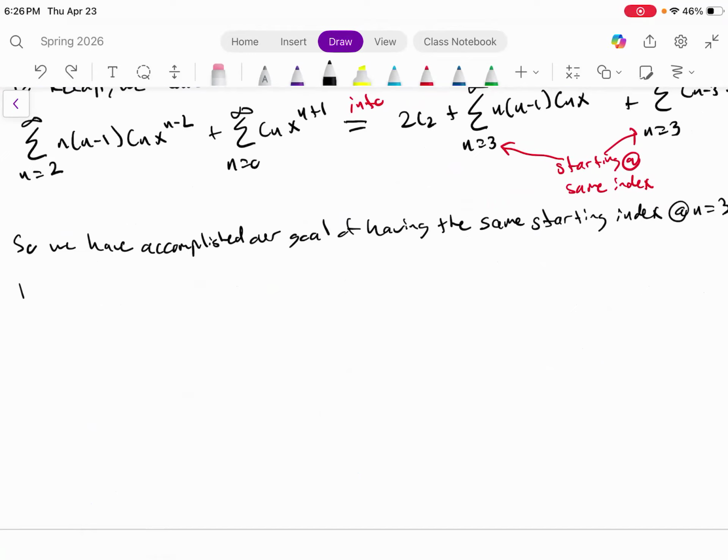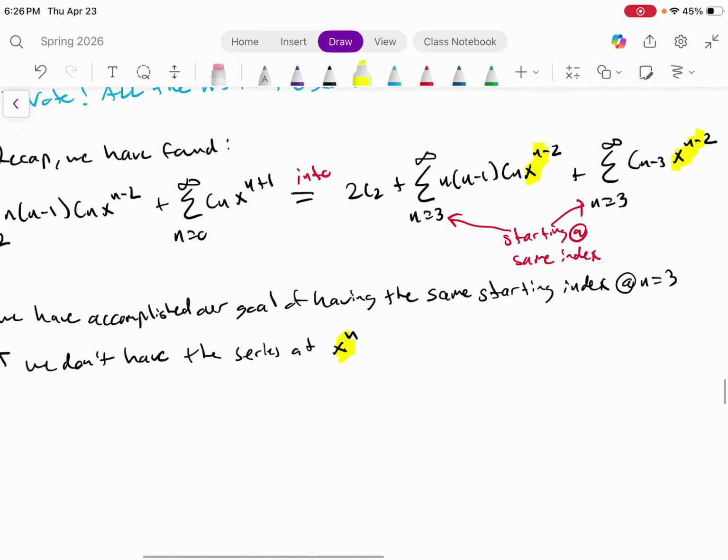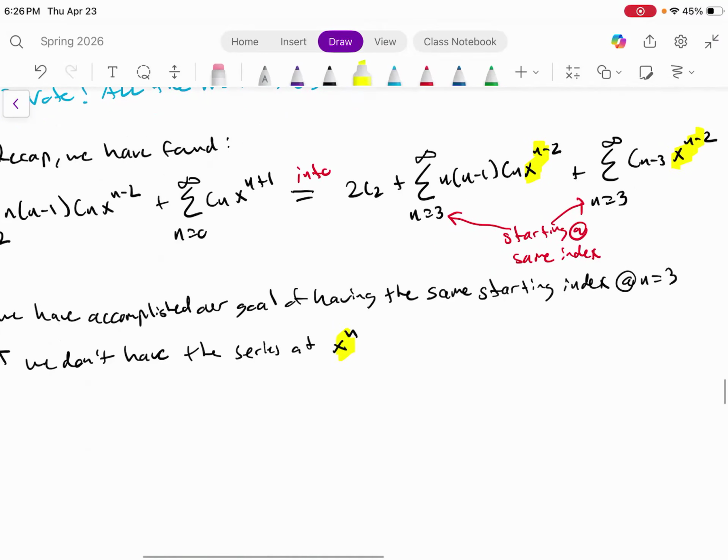Okay, so here's what I'll say. But we don't have the series at x to the n. Okay, because what do we have? We have x to the n minus 2. So that doesn't work. Okay, but we already learned a tool that will help us change around some n's.